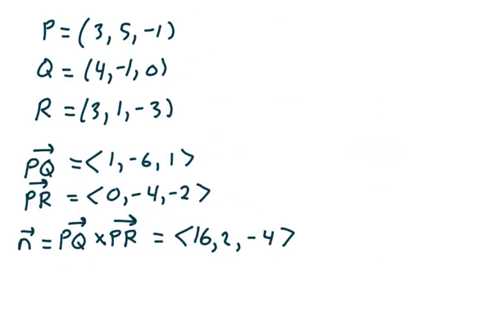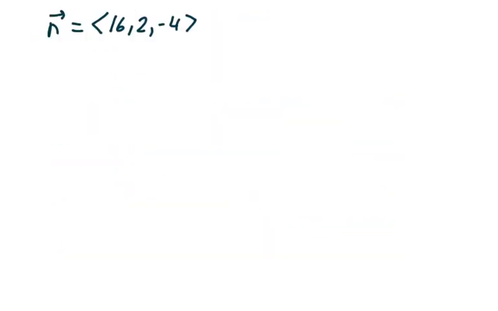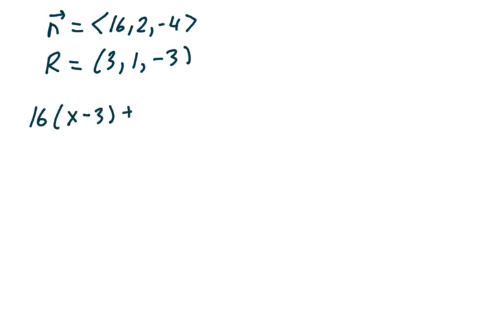And you could always double check. So if my normal is 16, 2, -4, and let's say I choose R, which is 3, 1, -3, we should come up with the same answer. So 16 times x minus 3 plus 2 times y minus 1 minus 4 times z plus 3 is equal to 0. It doesn't look like the same answer initially, but when we simplify it, you should get the same answer.